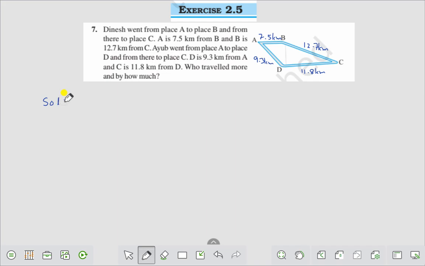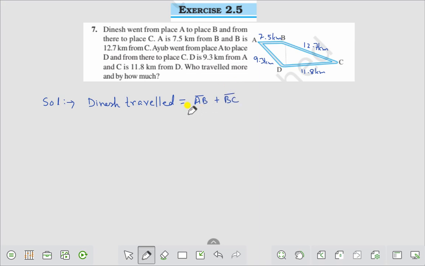Dinesh traveled is equal to the distance A to B, that is AB, plus the BC distance.